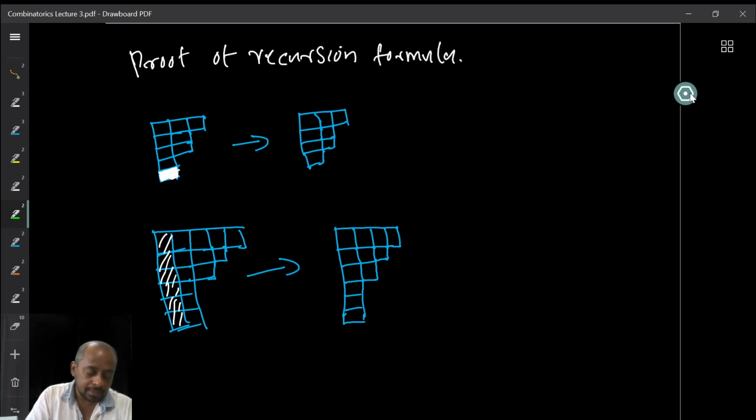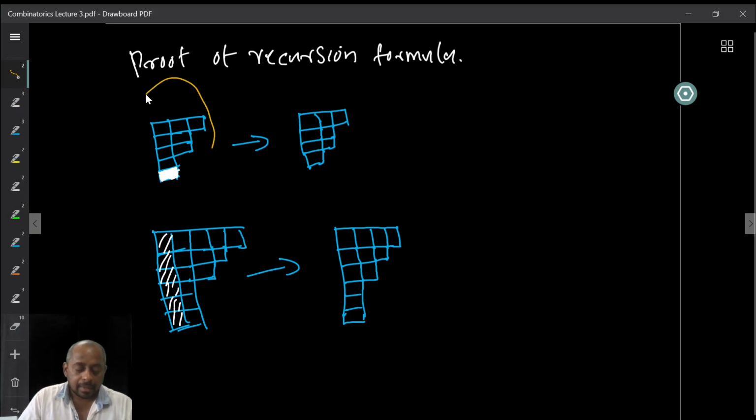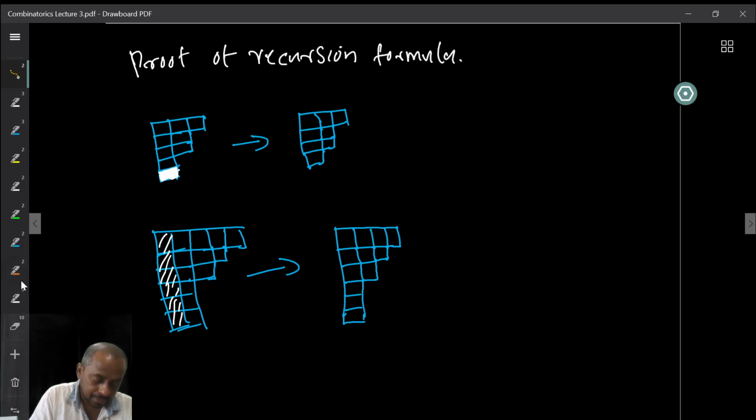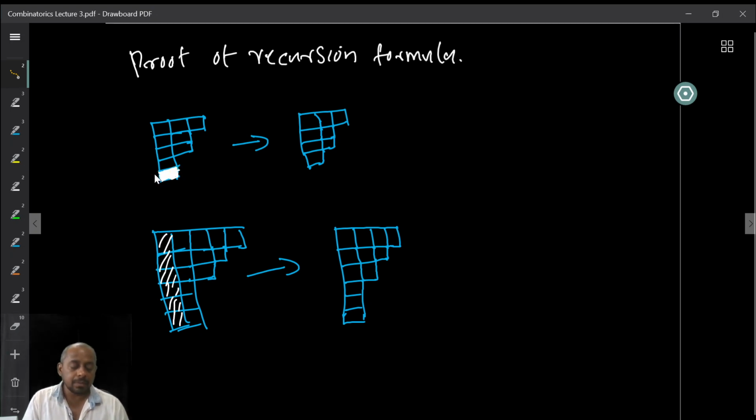So you have, let us say, the Ferrers diagram, and suppose the first column is the largest column, in the sense that the last row, for example, is a singleton. So this guy is a singleton. What I do is remove this guy from the picture, and I will get a picture here.